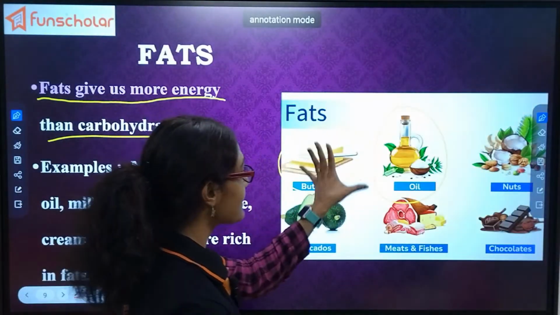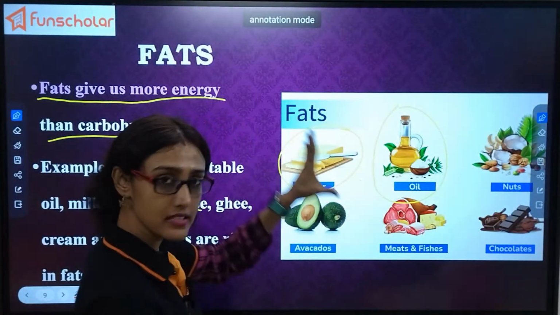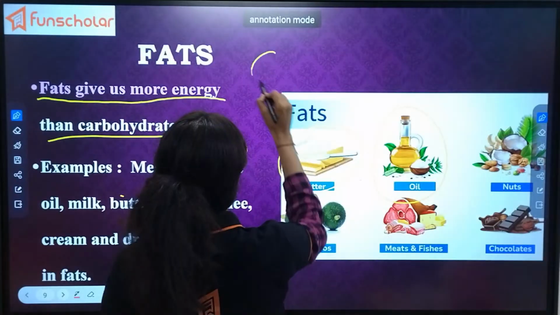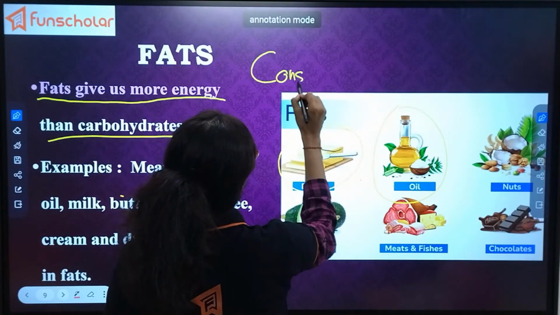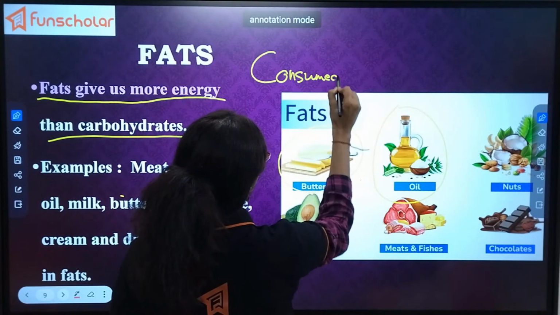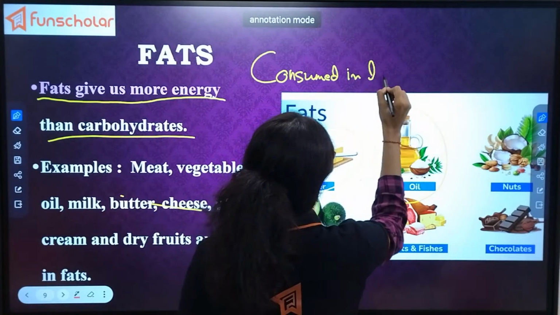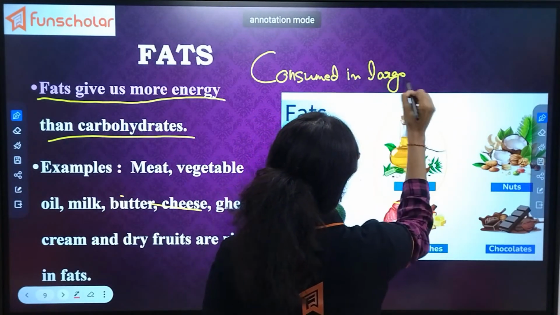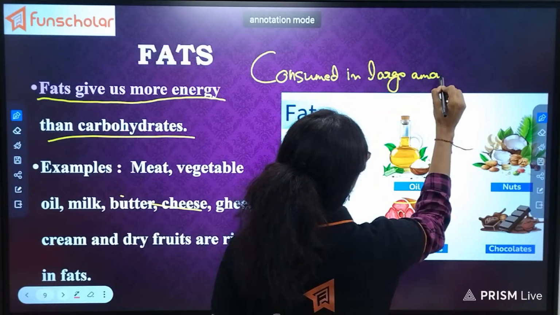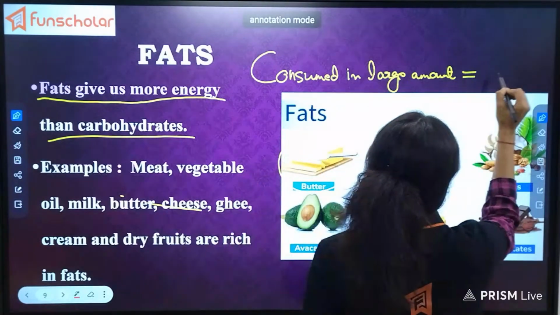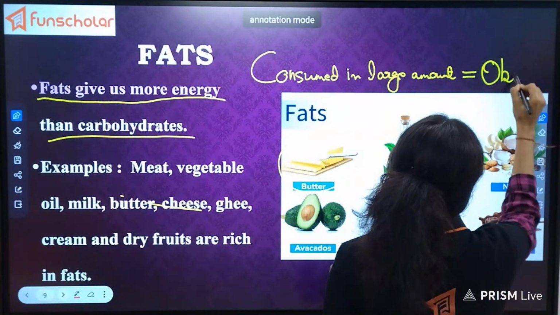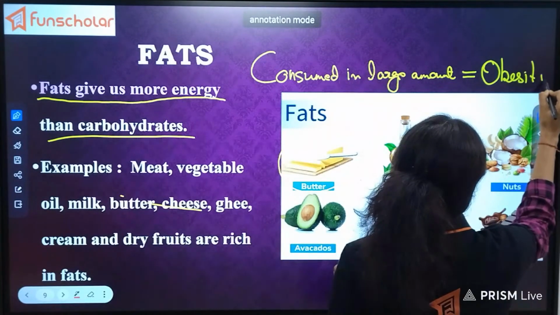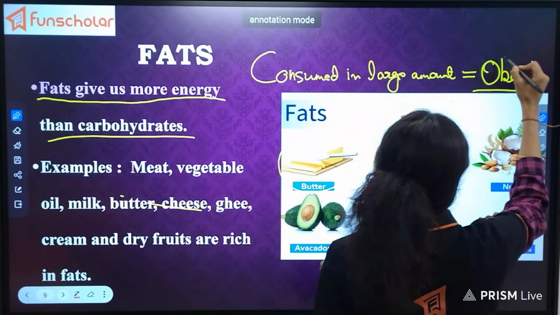Okay, fat, if consumed in large amount, it will result into obesity. What is obesity?